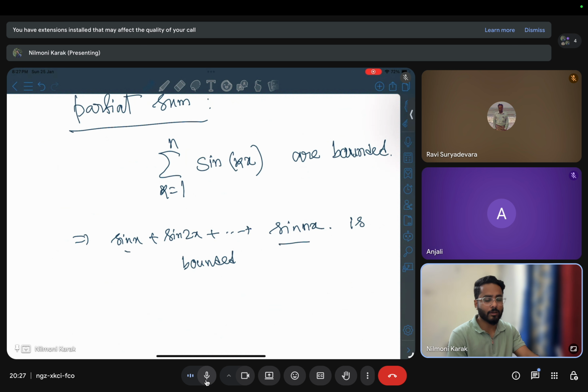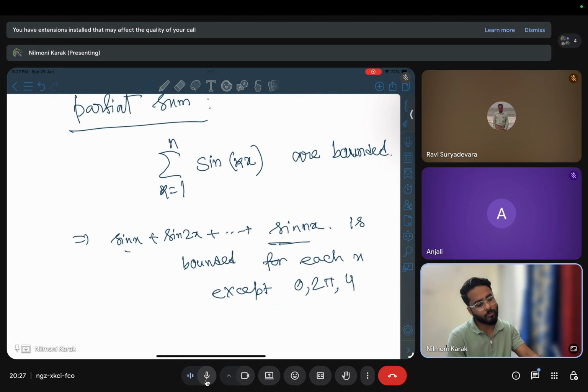So you can sum this in the same way and bound it, for each x except x not equal to 0, 2 pi, 4 pi, and so on.